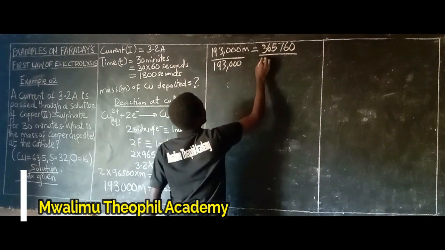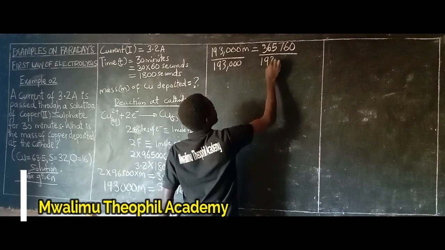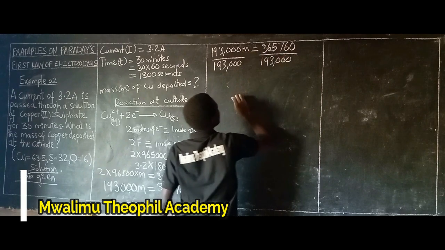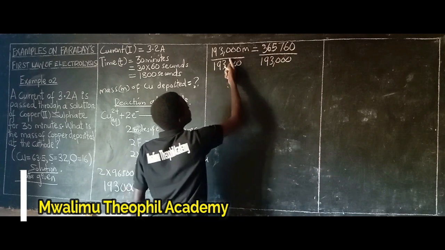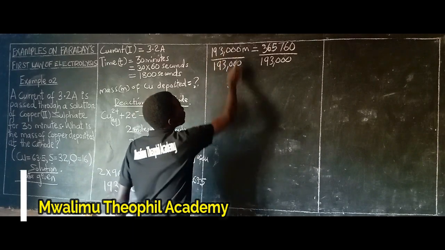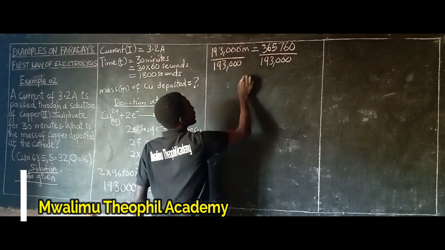We divide by 193,000 both sides so as to remain with the value of m. Now this value will cancel out because they are equal, so on the left hand side we are going to remain with the m.